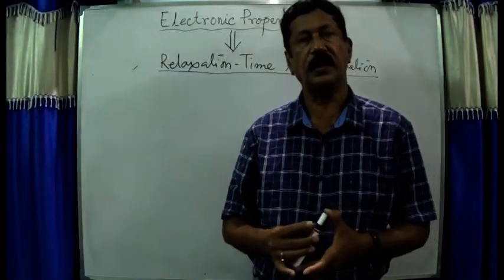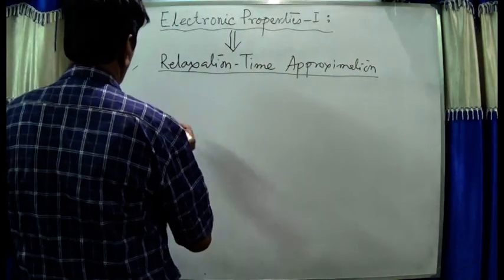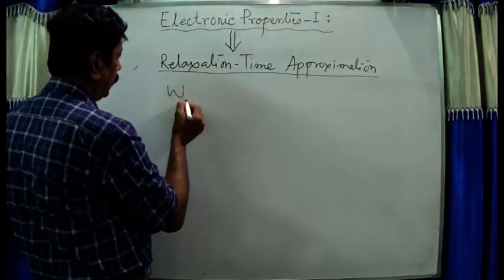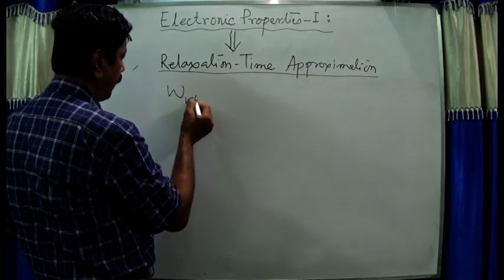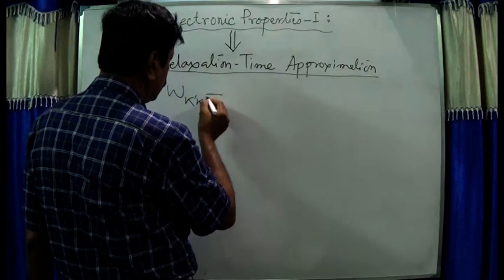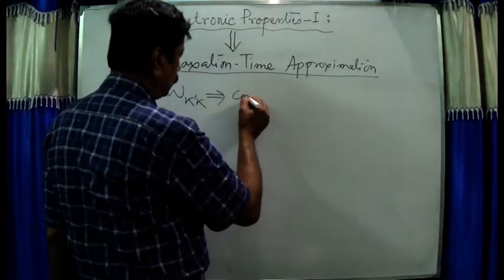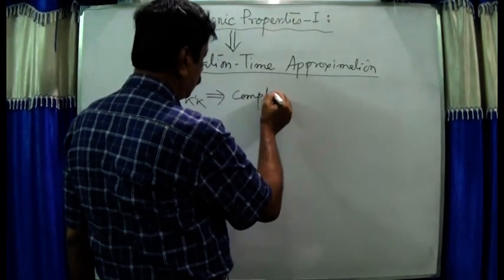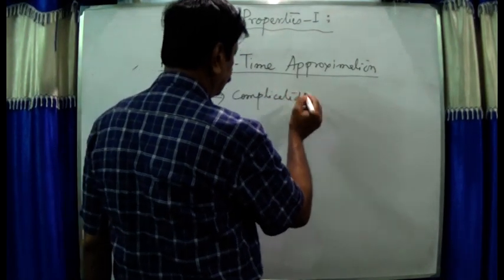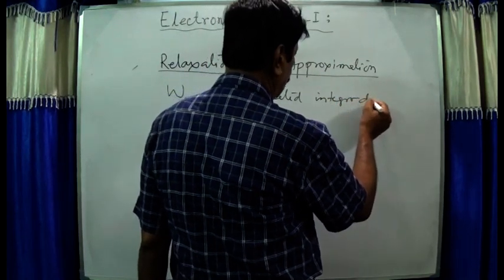We have discussed already that the scattering probability, that is W k prime k, is a relation which is a complicated integral differential equation.